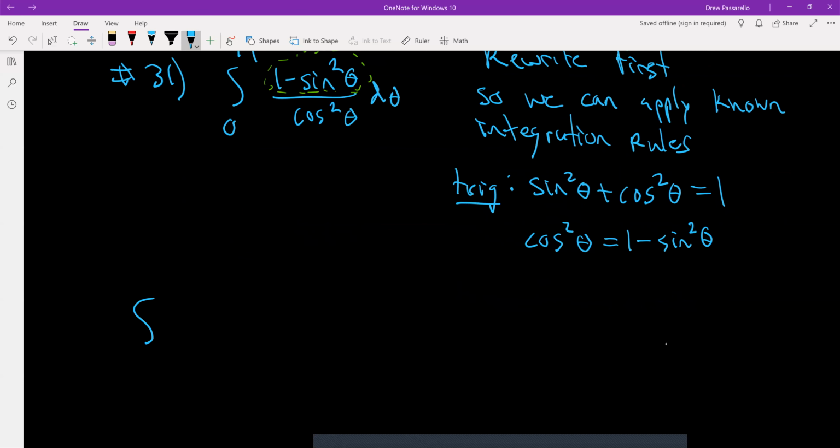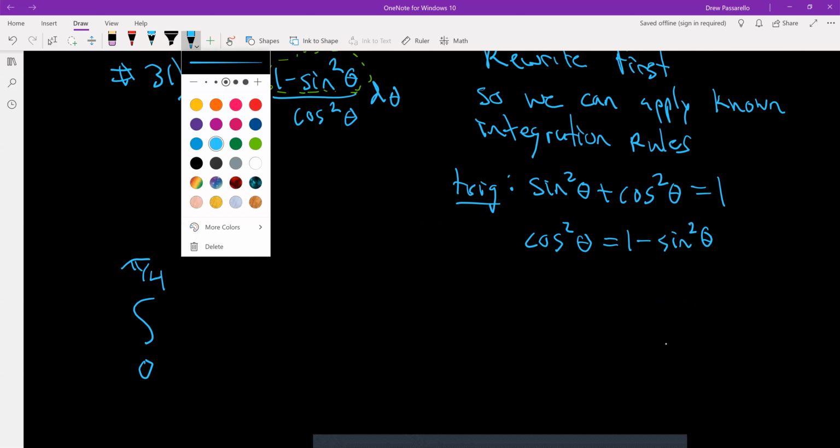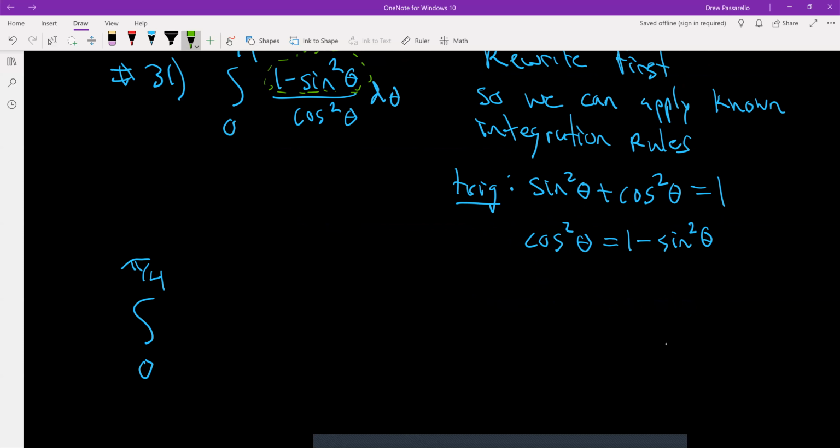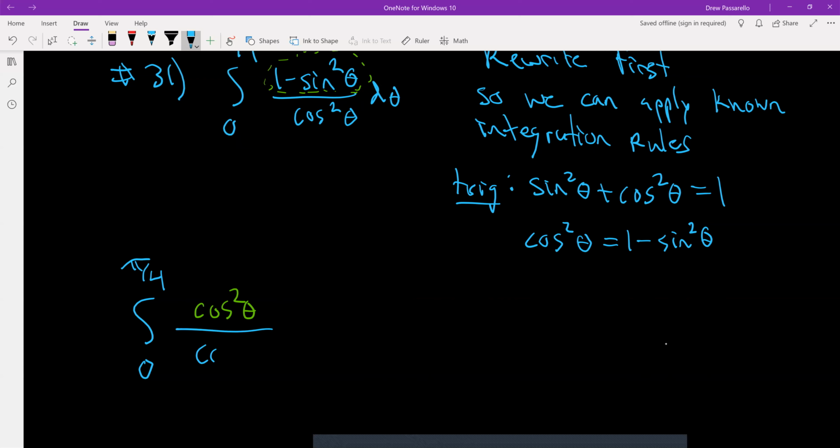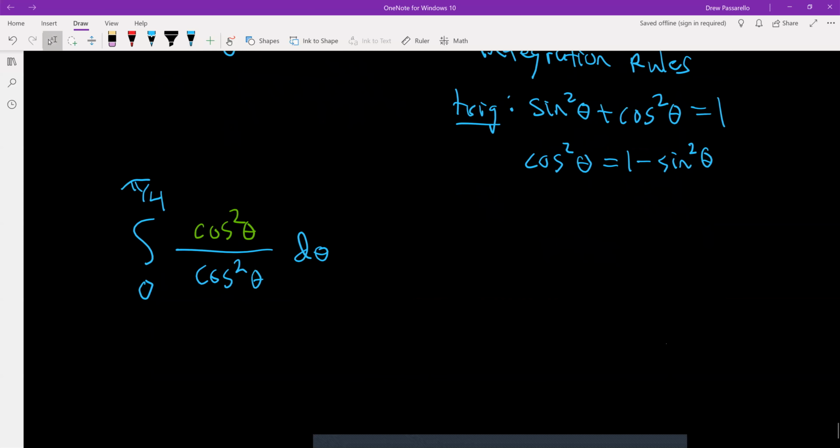So I have the integral from 0 to pi over 4. And I'm changing 1 minus sine squared into cosine squared by using the rewritten version of the Pythagorean identity. Then the cosine squares divide out, so you just have 1 d theta, or just d theta.